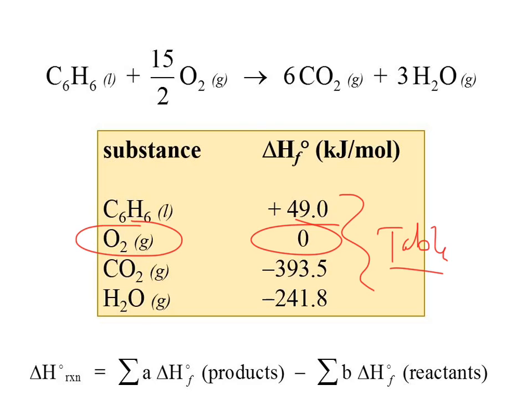Okay, so now we're ready to do this. One of the things you're going to see on the next slide is that these, as it said when we worked this, A and B actually are the stoichiometric coefficients. So that A will be 6 moles of CO2. That A will also, in one term, be 3 moles of H2O.